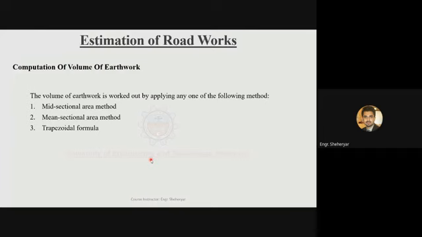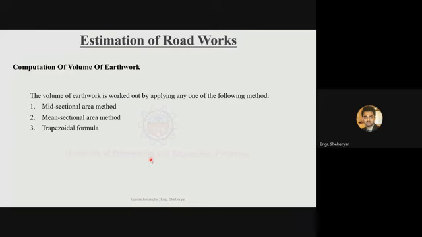Okay, so for computing the volume of the earthwork, you can use three methods, any of them: mid-sectional area method, then mean sectional area method, and then trapezoidal formula. In the mid-sectional area method, you have to take the average depth.